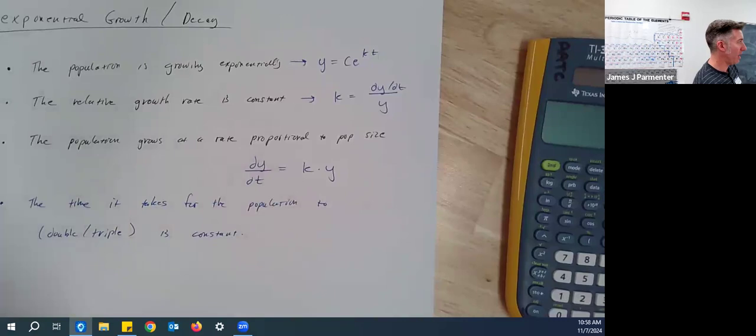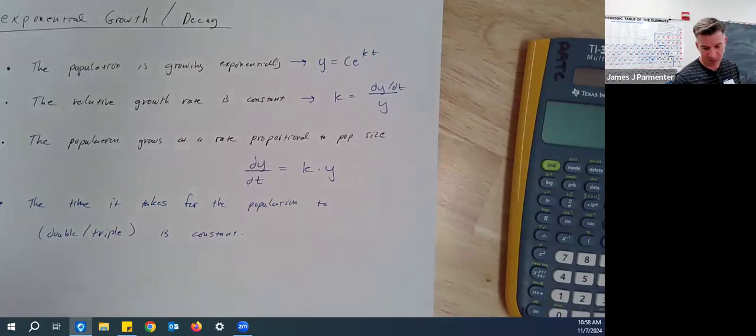So when we talk about exponential growth or decay, we talk about the half-life, which is just the constant amount of time it takes for the population to cut in half, or for the radioactive material to cut in half. We're talking about the doubling time. Like we often say, here's a population that's growing exponentially, and it takes 30 years for the population to double. That constant amount of time and that multiplication factor are the key things here.